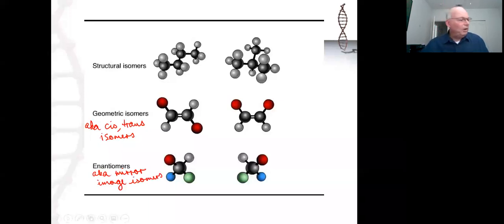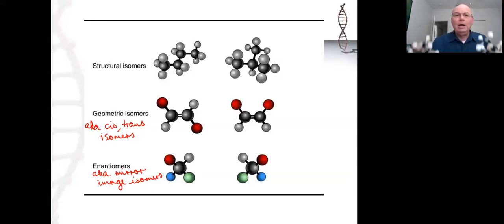So I've got my models here and I can show you examples of the isomers as well with my models, but I would strongly suggest you go and take a look at the animation. Remember, again, the animation can be found in the resource page for this chapter, which is chapter 3. So if you take a look at the resource page, you will find all of the animations listed in order as they appear in the PowerPoint presentation.